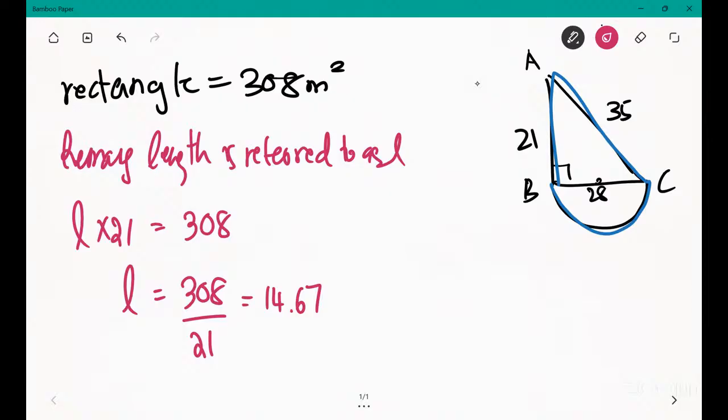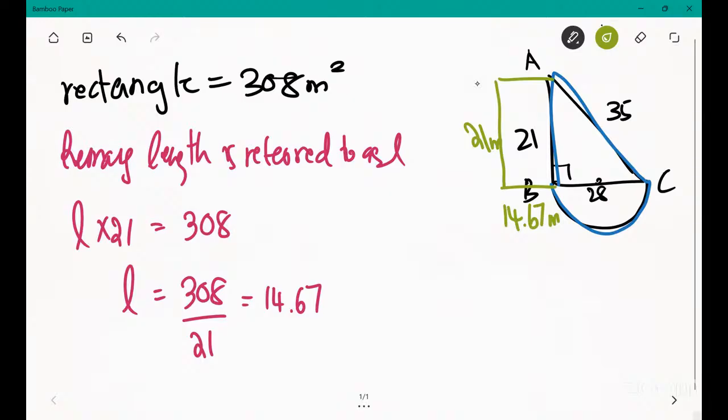Now you see that 14.67 is smaller than 21. That makes that side the breadth because it's smaller. So your figure is going to look like this, shorter than the other one. That's why you don't draw it yet. You have to first figure out the remaining length and then draw. So this will be 21, and anywhere top or bottom, you can write 14.67. Don't forget the unit, meters.